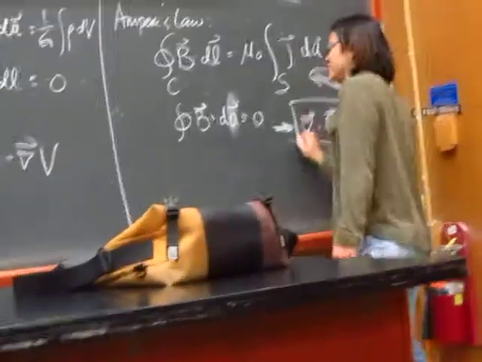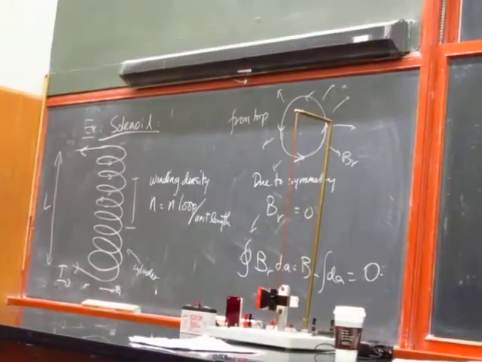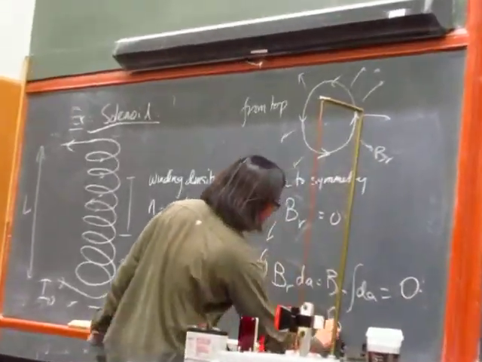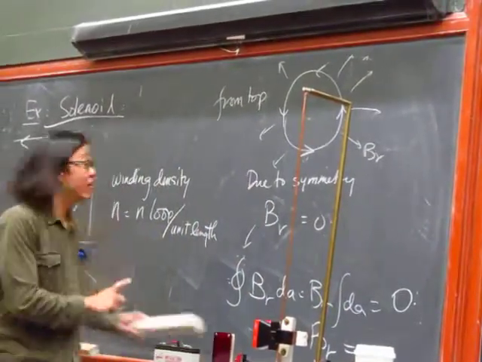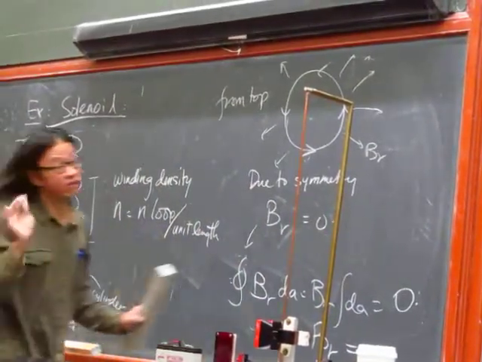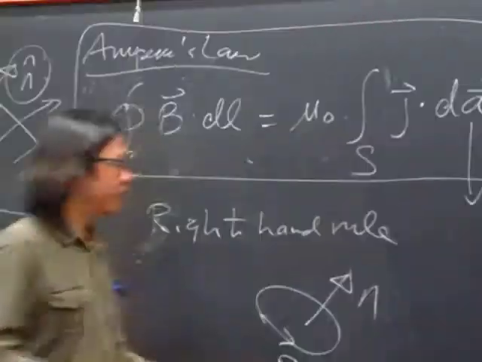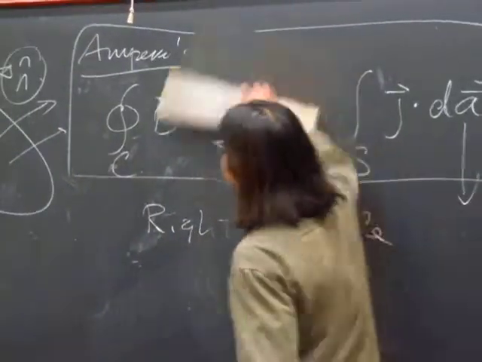The divergence of B is equal to 0. Therefore, B_r is equal to 0. No radial component of the B field. Also in this case, not just in the case of a current going in the Z direction.